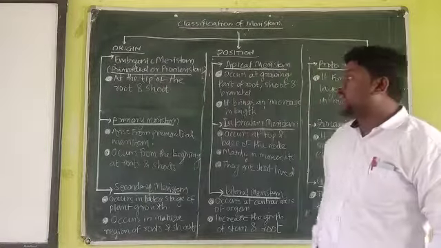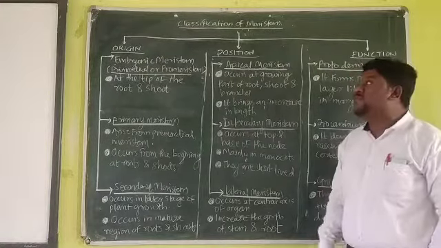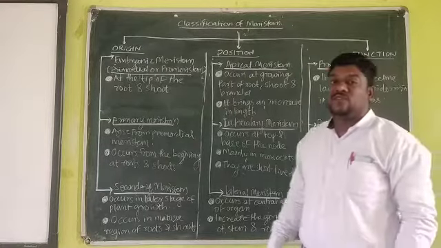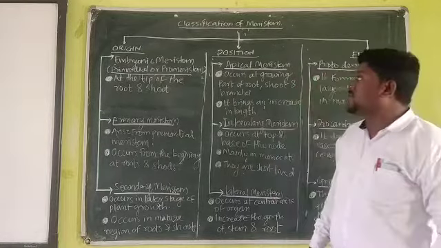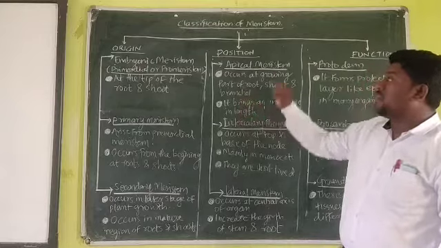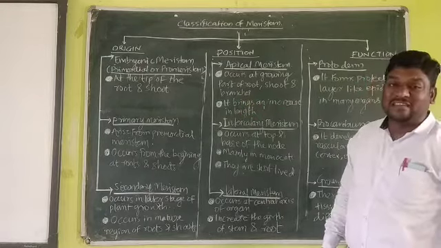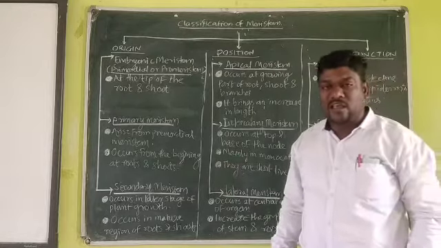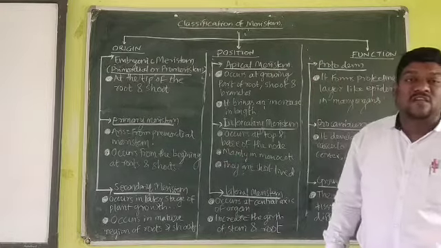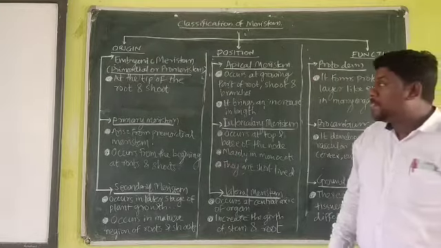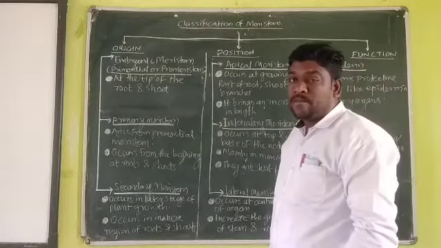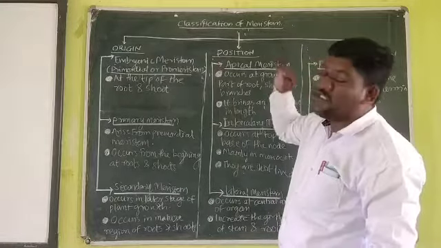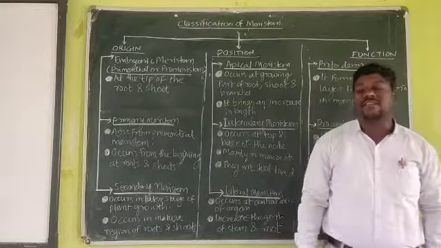Okay, so related to the same topic we are moving forward, and today's topic we are going to discuss is the classification of meristem and the meristematic tissues, where they are found, what is the function, what is the location. Okay, so that is the thing we are going to discuss in today's lecture.